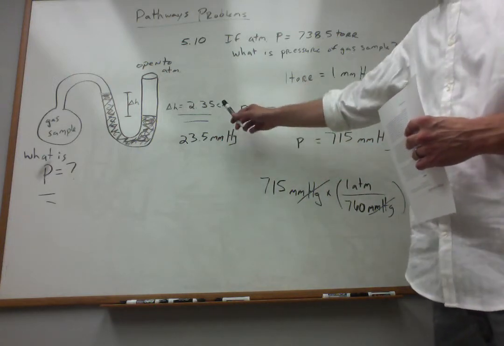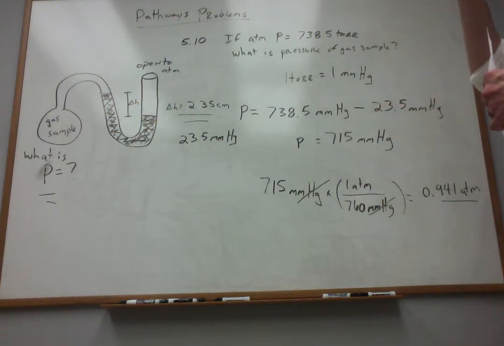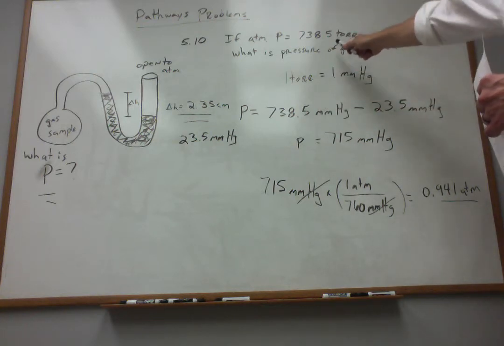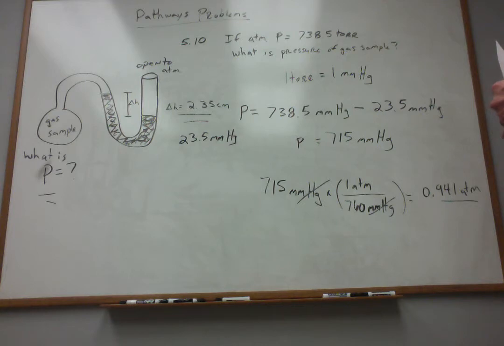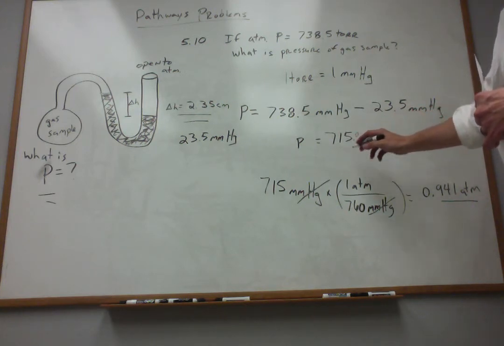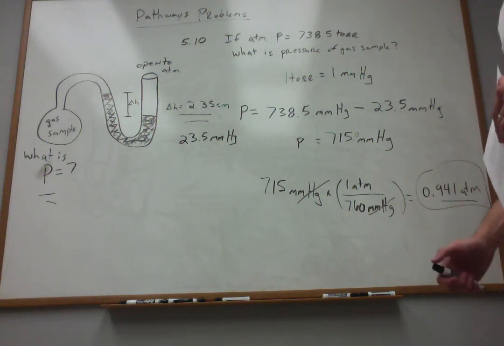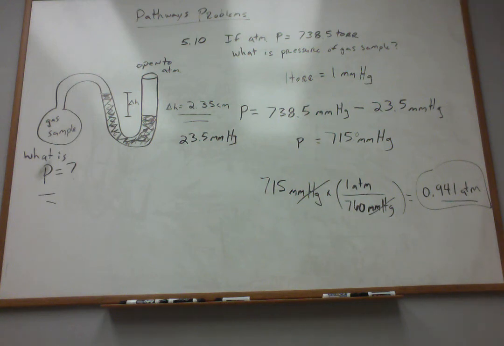I have 3 sig figs here, 2 decimal places. This one's got 1 decimal place. So I did the subtraction first, right? So the answer there really should have 1 decimal place as well, which means I should have 0 here. But nonetheless, this 0.941 is our pressure in atmospheres.